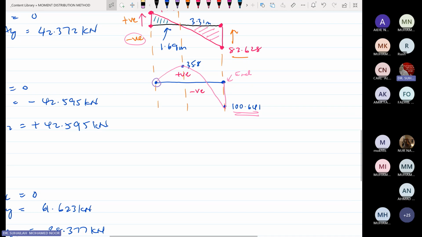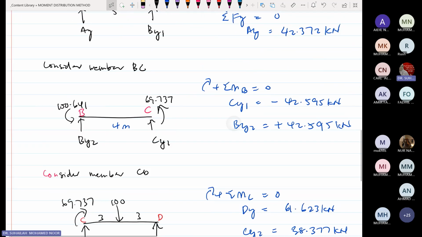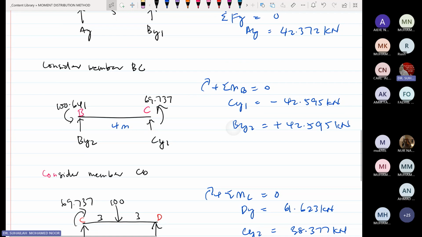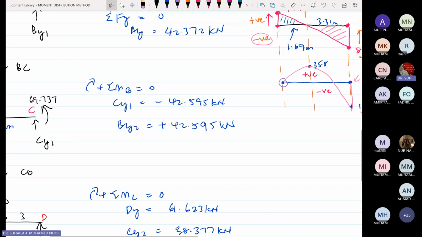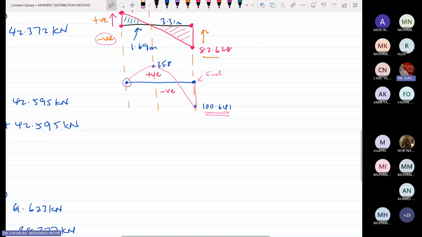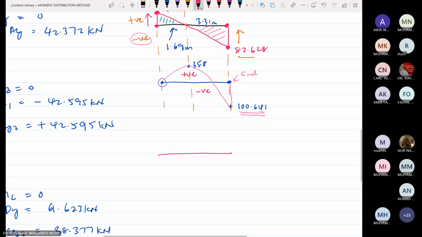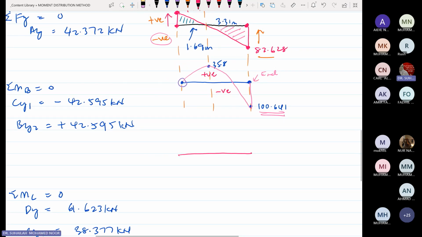Okay, so next. Okay, we want to draw shear force diagram and bending moment diagram for member BC. Okay, member BC, CY is 42.595.